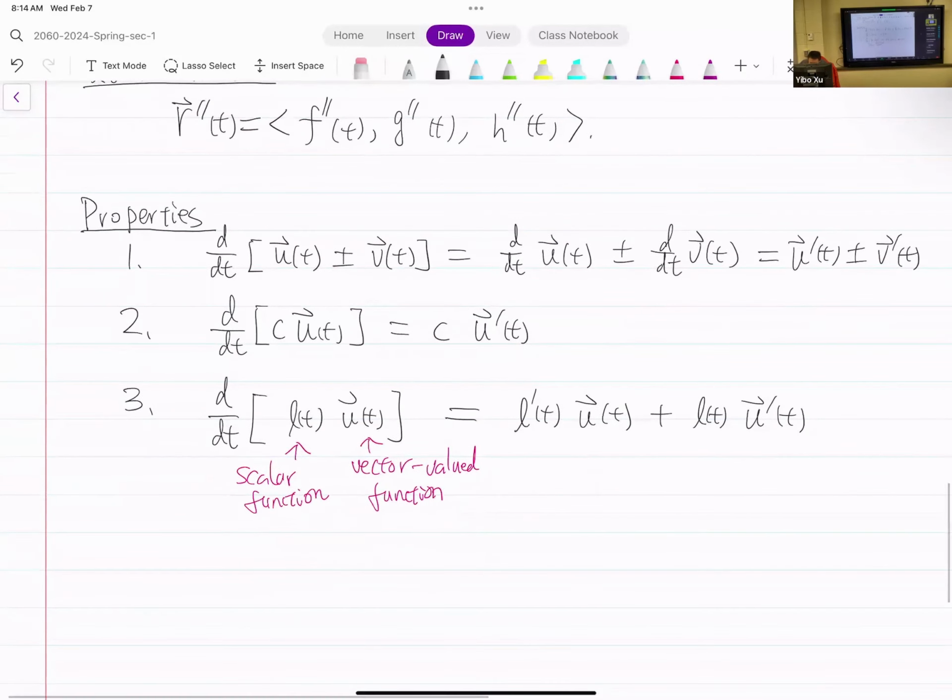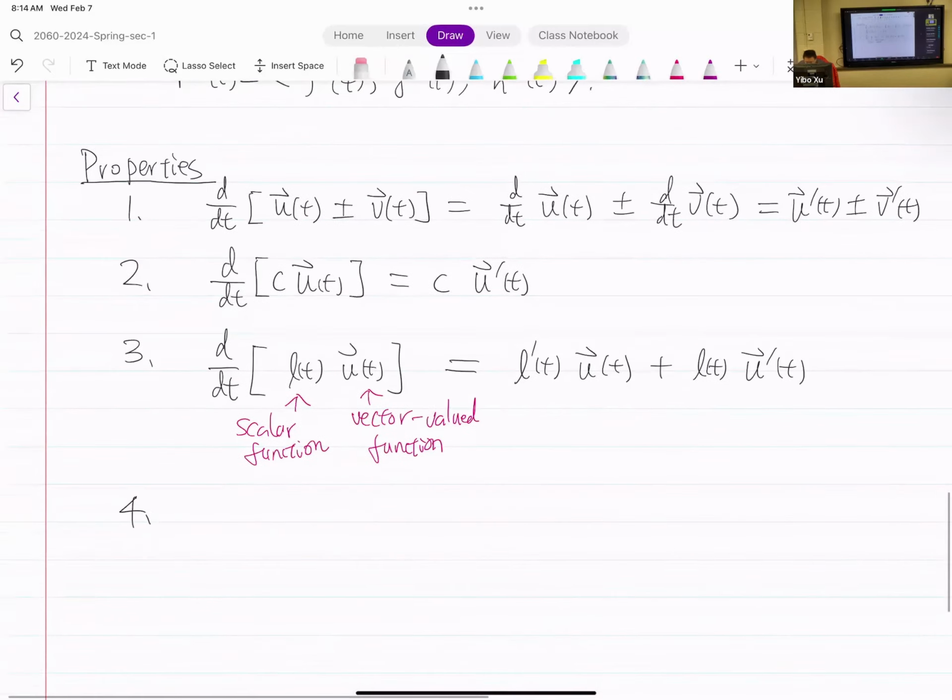And it also is true if you have two vector functions dotted with each other, but the order will be very important. If you're taking the derivative where you have u of t dotted with v of t, it's still the same idea.